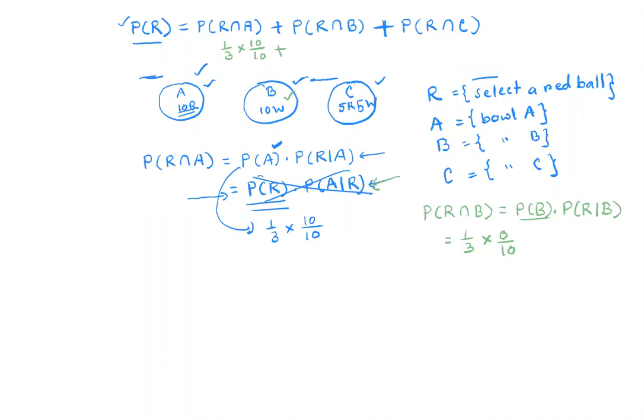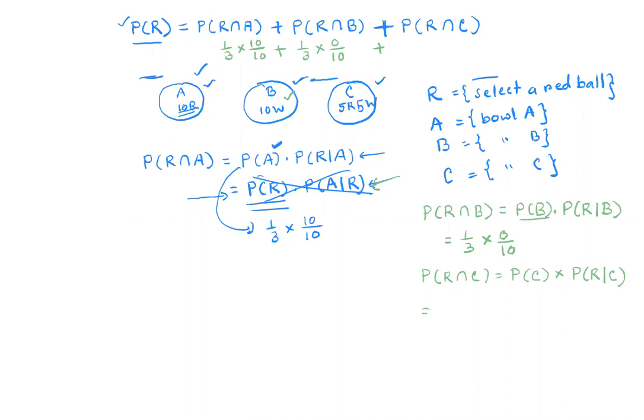So it's going to be 1/3 times 0/10, plus the third probability, which, similarly, is the probability of red and C. That is the probability of selecting C times the probability of selecting a red ball, given that you have selected C. The probability of selecting C is 1 out of 3, right?